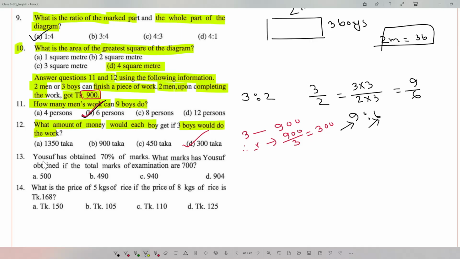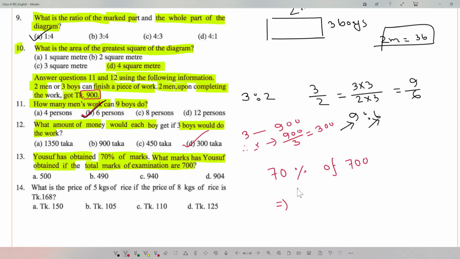Number 13, Yusuf has obtained 70% marks. What mark has Yusuf obtained if the total mark of the examination is 700? So it's a simple thing, 70% of what? Of 700 numbers.